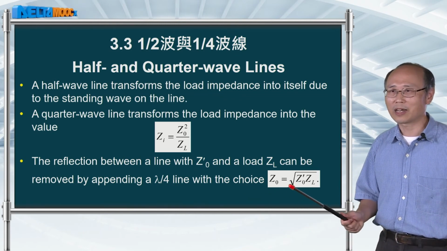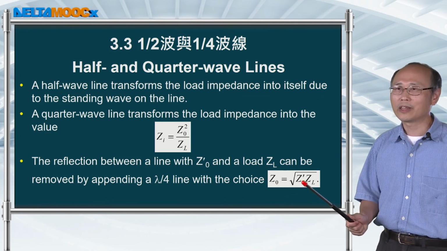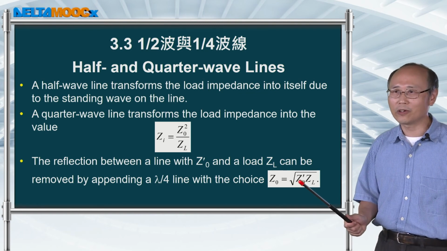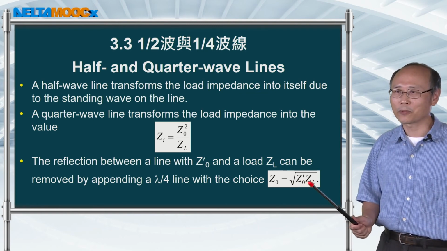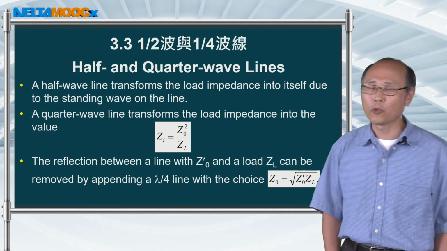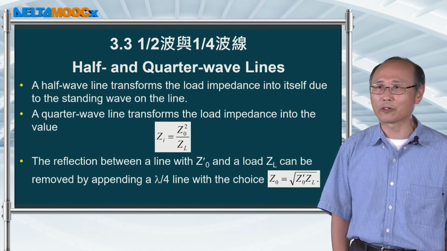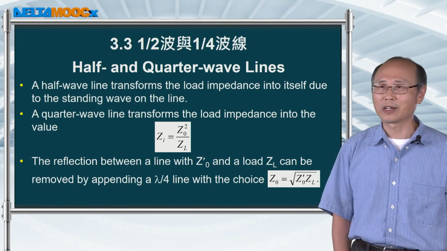And so the characteristic impedance you want to choose is equal to the characteristic impedance of the old line multiplied by the load impedance, and take the square root of it. So this is the way you can do impedance matching and remove the reflection of signal from a transmission line.